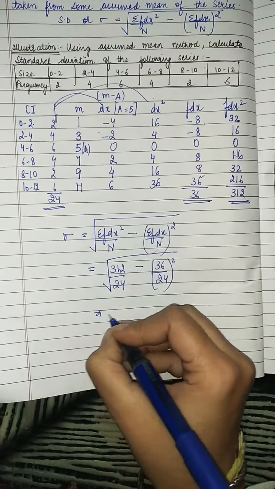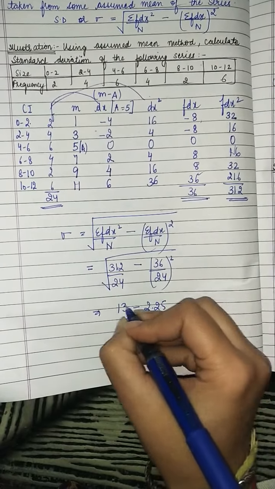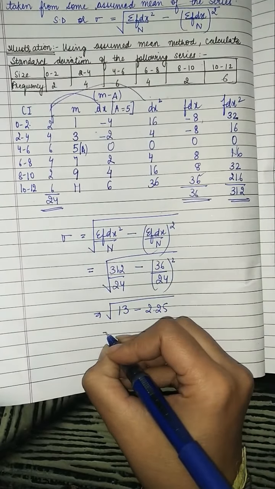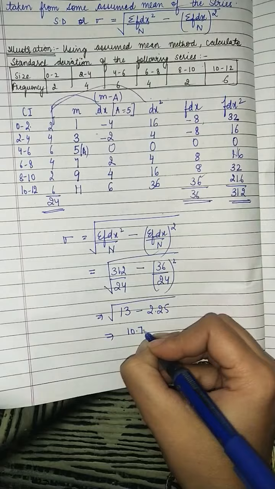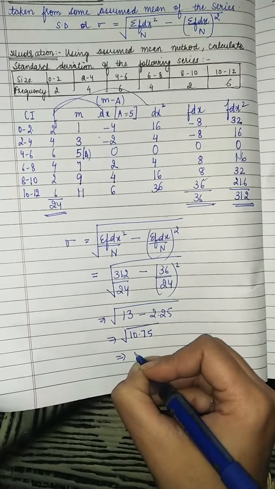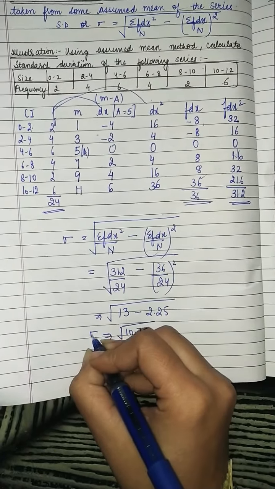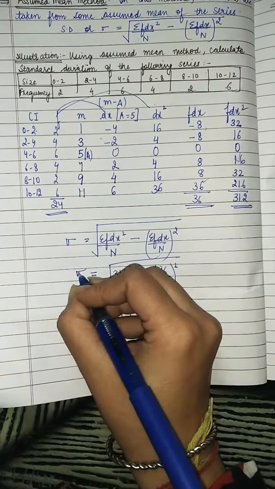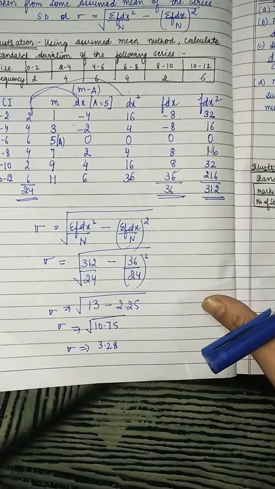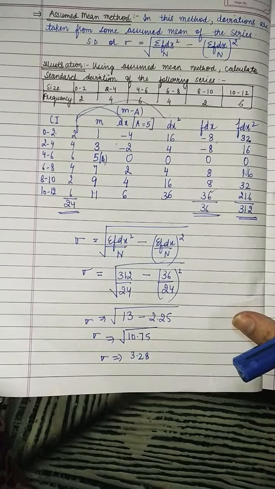After dividing, we are having 13, and after solving this, we are having 2.25. So 13 minus 2.25, we are having 10.75. Solving the under root of 10.75, we are having 3.28 as standard deviation. So this is the assumed mean method.